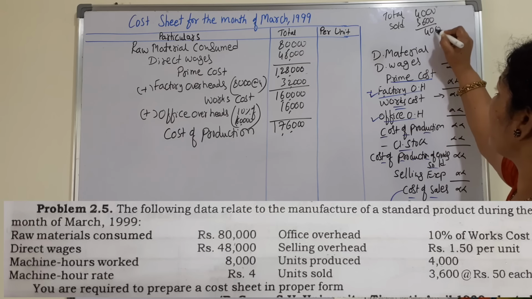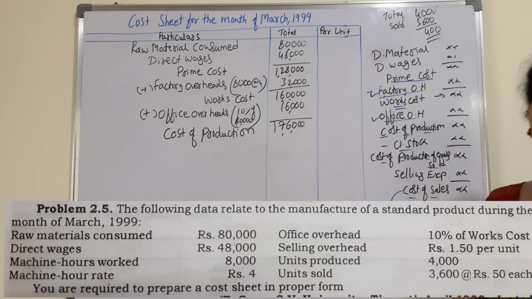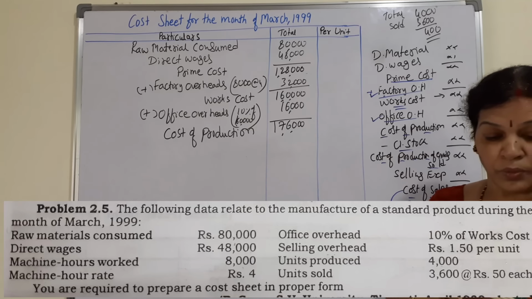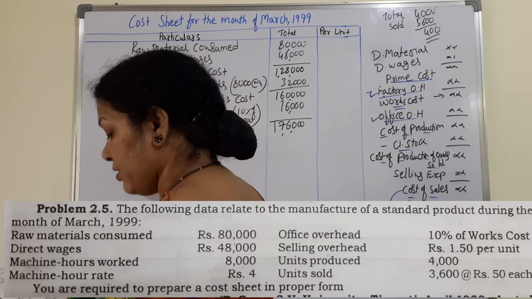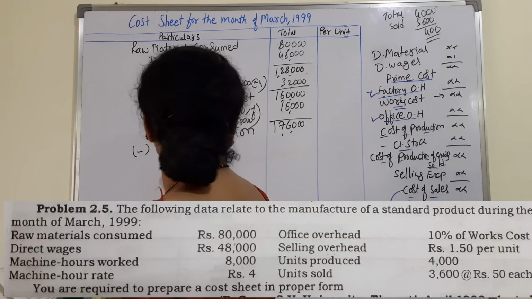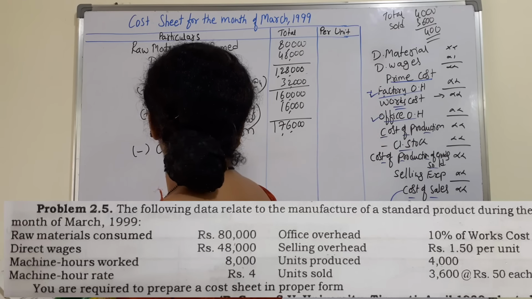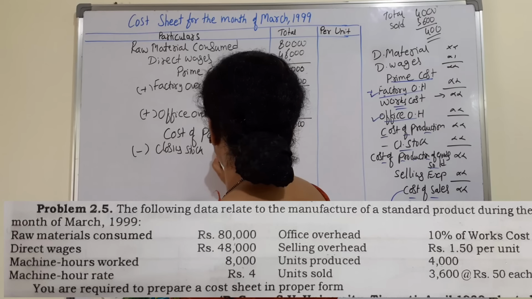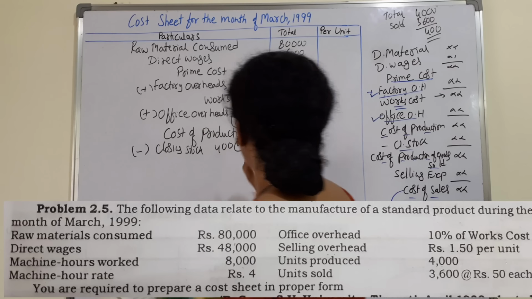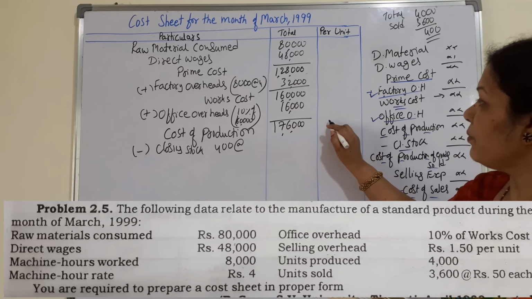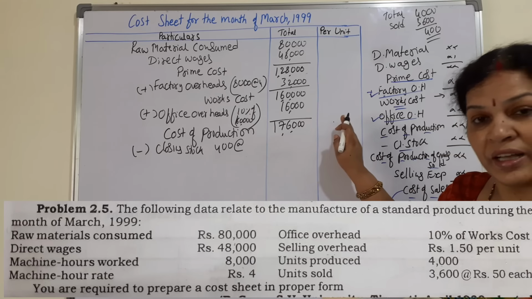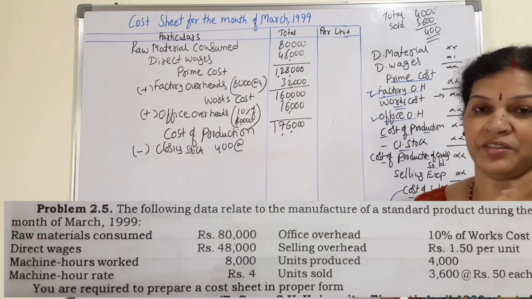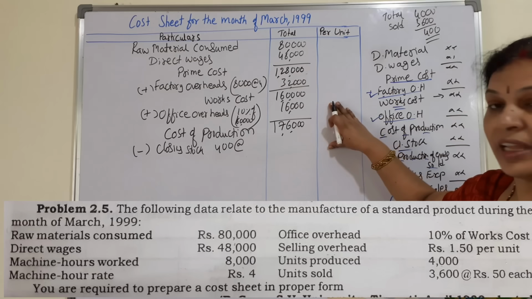It means 400 is unsold. 400 unsold, we have to take it as a closing stock, minus closing stock. 400 at the rate of whatever this per unit cost of production is. To know that, first of all let us calculate per unit.